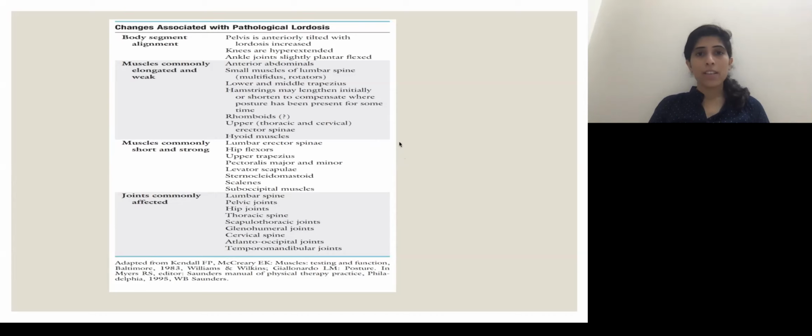The pelvis is excessively anteriorly tilted, the knee will be hyperextended, and the ankle will be slightly plantar flexed. Almost all the joints are affected in this lordosis: the lumbar spine, pelvis, thoracic spine, hip, scapulothoracic region, atlantoaxial and cervical region, and temporomandibular joint.